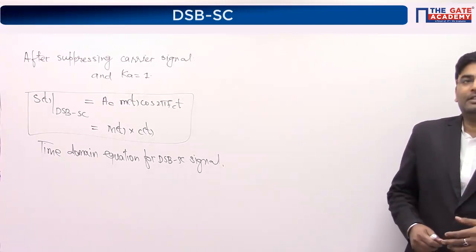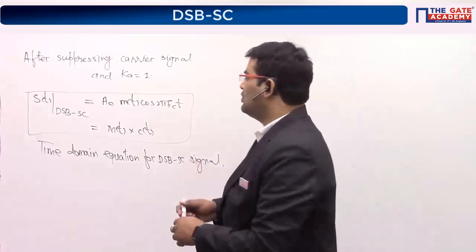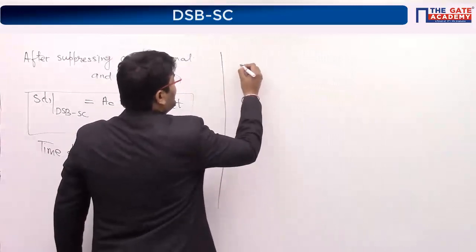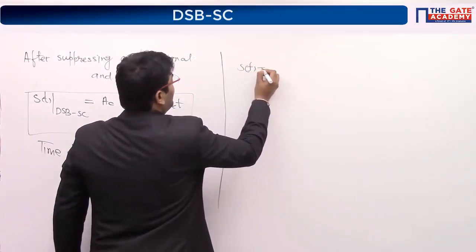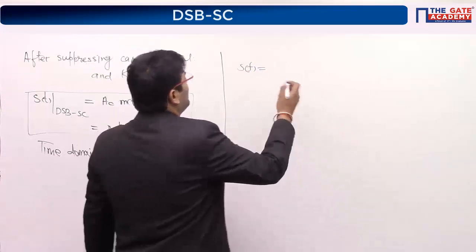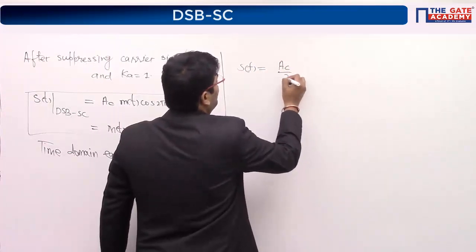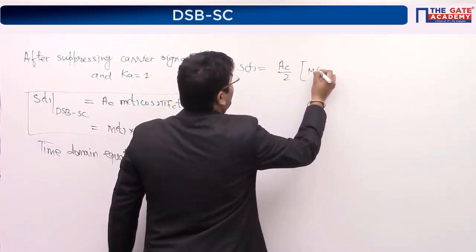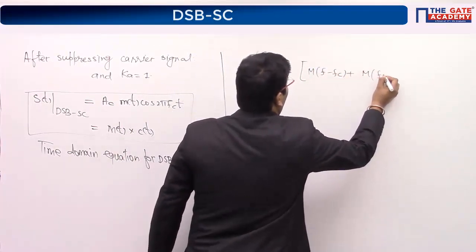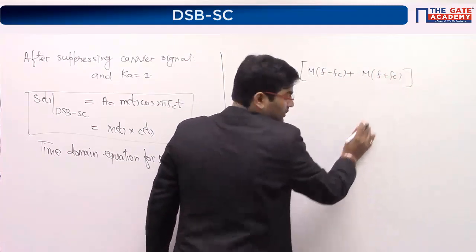Now guys, if this is the time domain equation, we also have to have the frequency domain. If I take the Fourier transform of this, you know that you will get Ac by 2 times [M(f minus fc) plus M(f plus fc)].